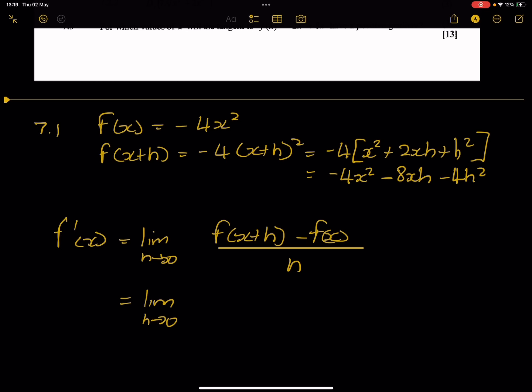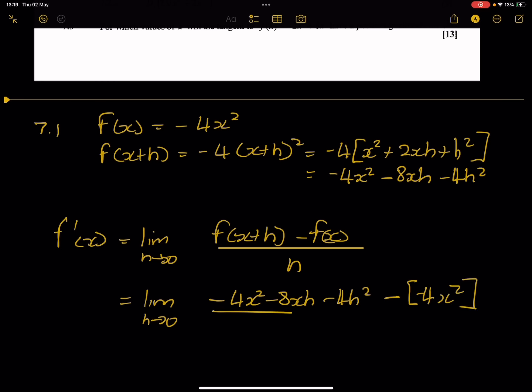My f of x plus h, we've already established, is minus 4x squared minus 8xh minus 4h squared. This is minus f of x, so that's minus a negative 4x squared.